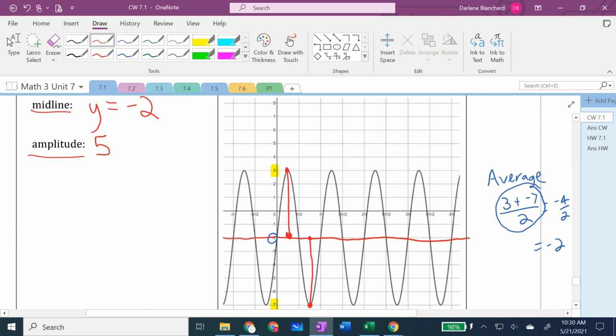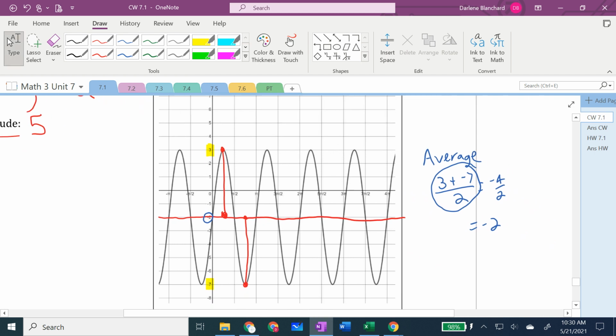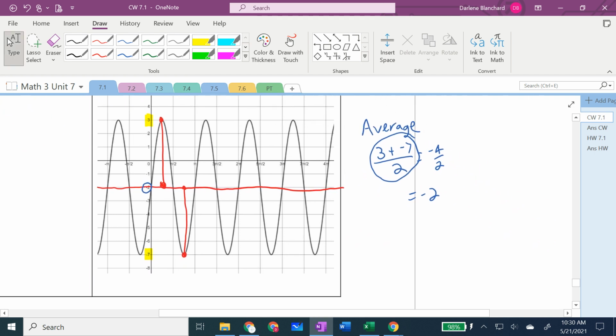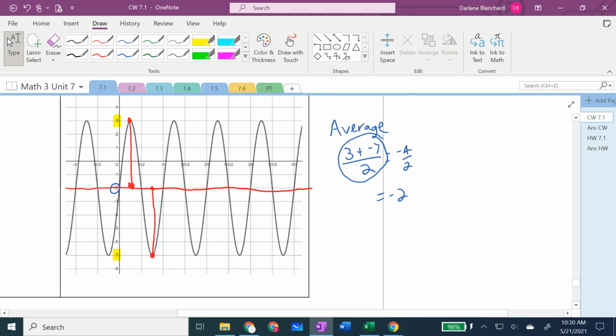Five. Another way that you can find what that distance is, it's half of the distance between the high and the low point.